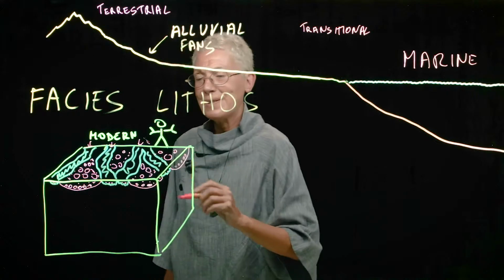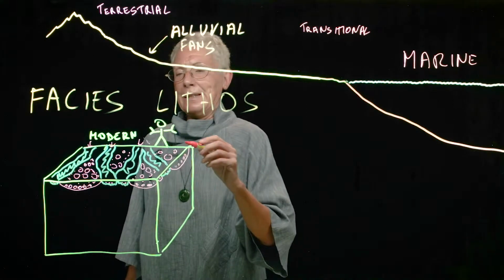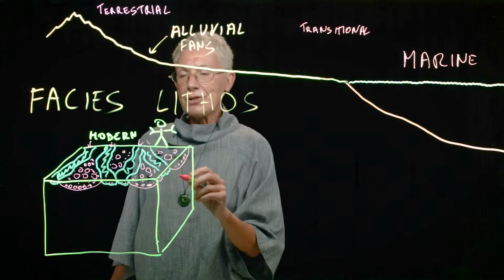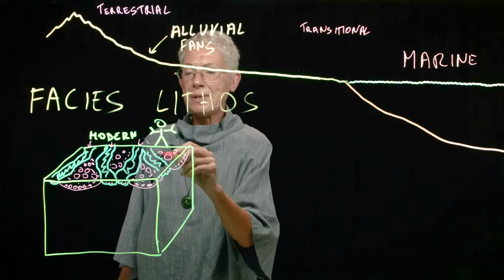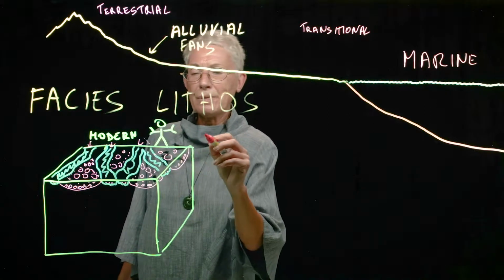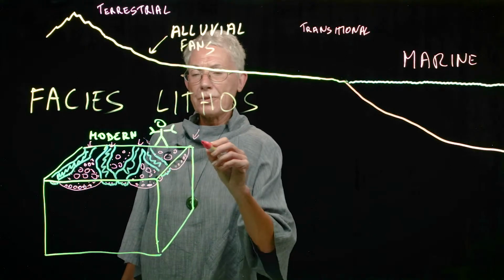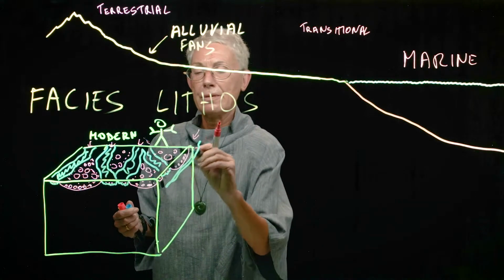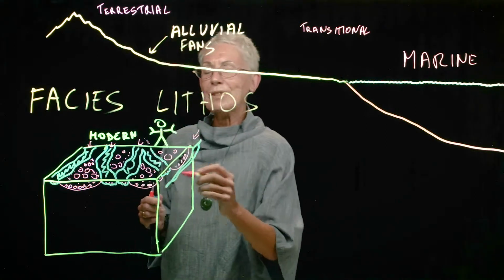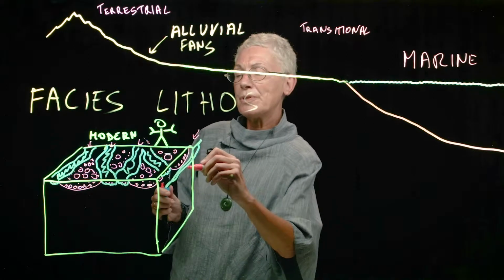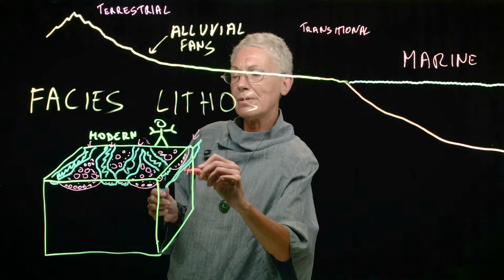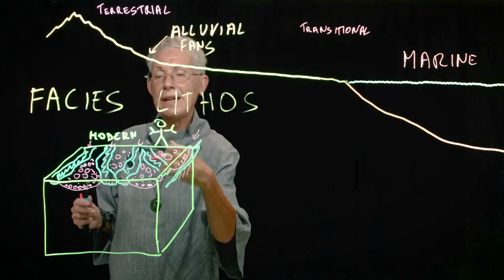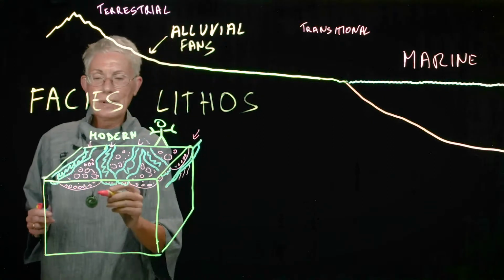But suppose that the current changed at a certain point in time and it was flowing this way, parallel to here. So on this side of your outcrop, you would see cross stratification because the bar advances in the direction of the current.